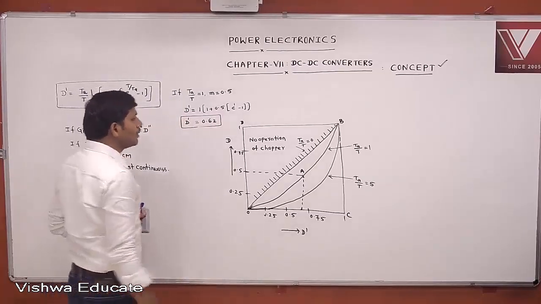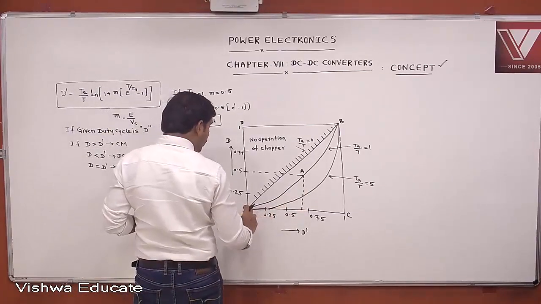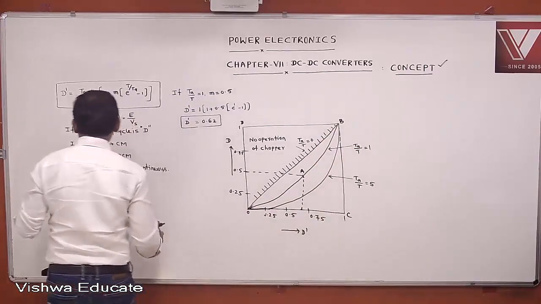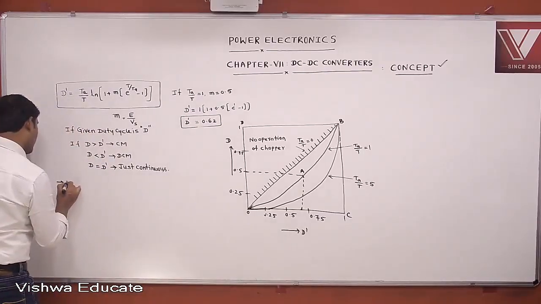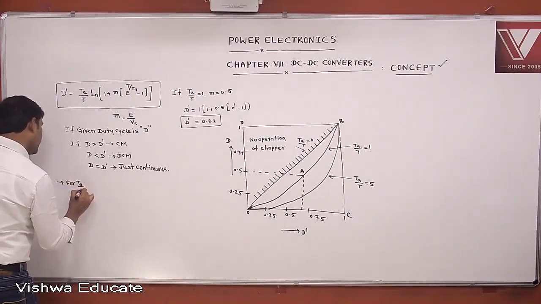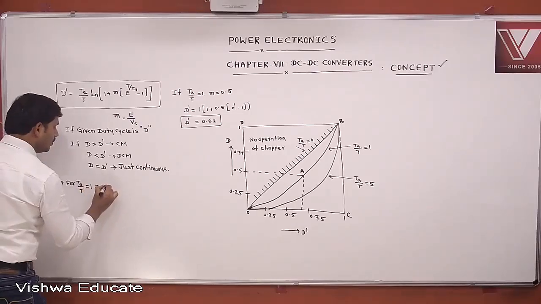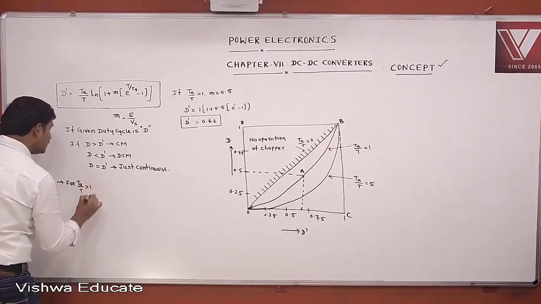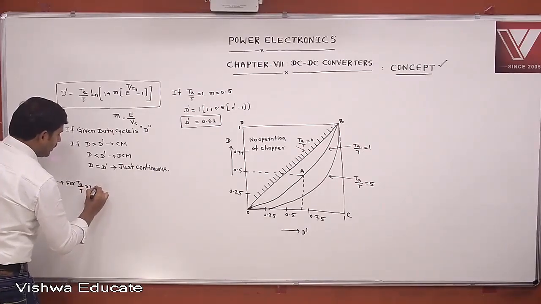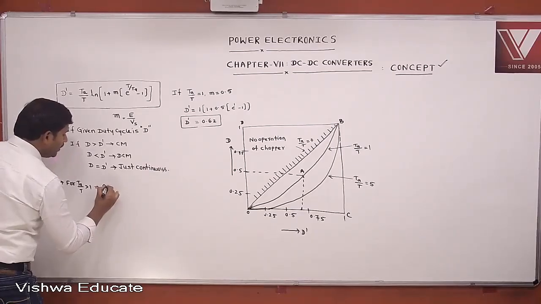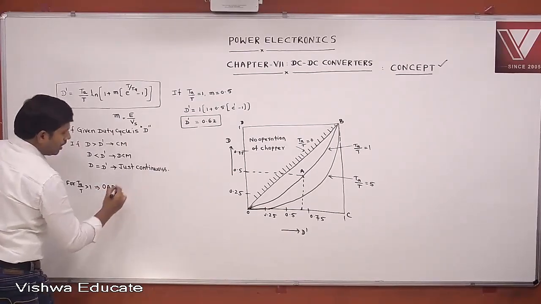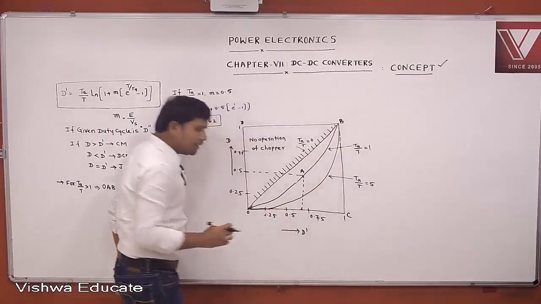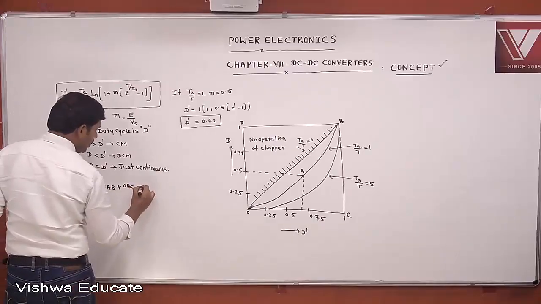That means the curves OAB and OBC. A point to remember: for TA by T equal to 1, or for TA by T greater than 1, curve OAB and OBC give the continuous mode.